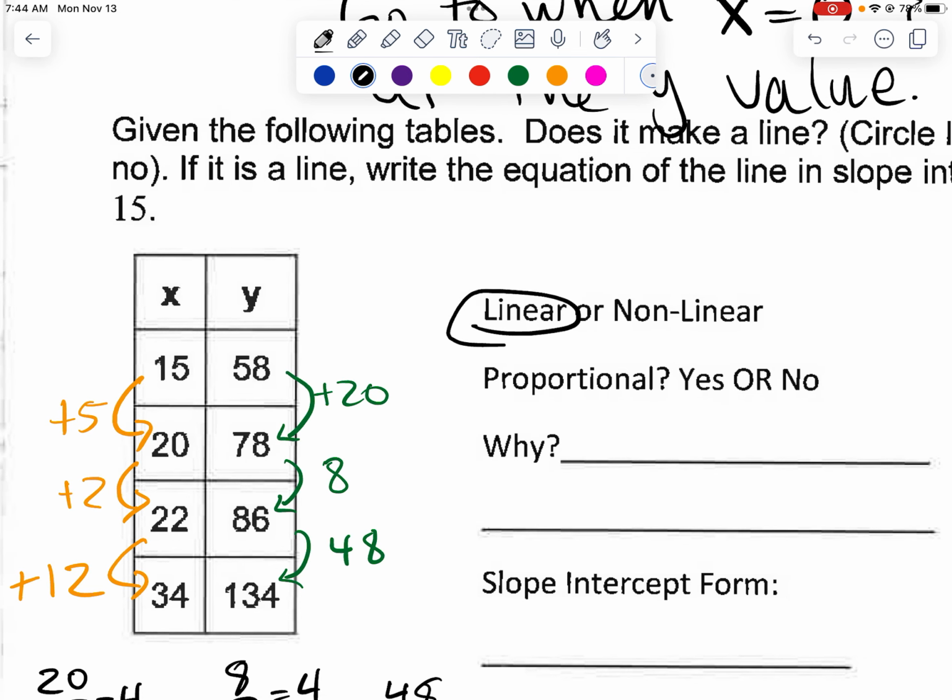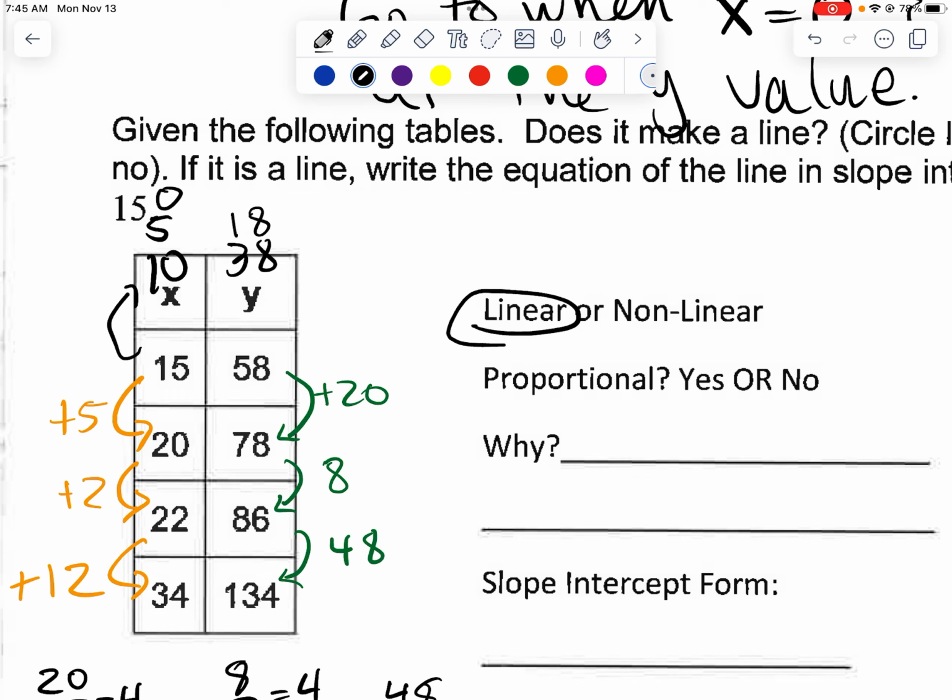Well, if I go back 5, I would be at 10. So I go back 20 over here. That would be 38. If I went back 5 more and went back 20 over here, that would get me 18.